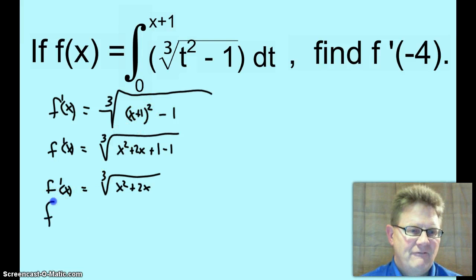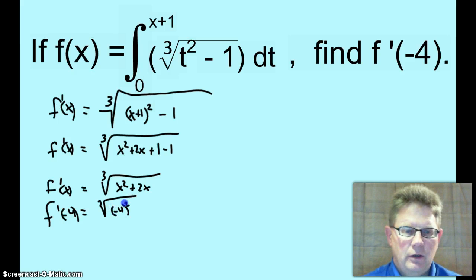So f prime of 4 equals the cube root of 4 squared plus 2 times 4. So that would be the cube root of 16 minus 8.